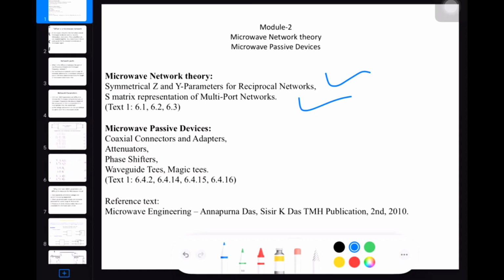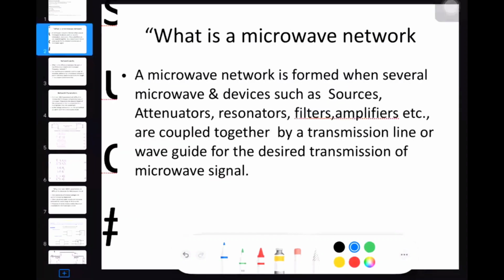Okay, so I hope you are familiar with the network analysis which you studied in your third semester. In network analysis, you studied the various methods by which you are able to analyze basic circuits, that is, circuits operating at low frequency, from around 50 hertz up to around 20 kilohertz, and up to around 100 kilovolts.